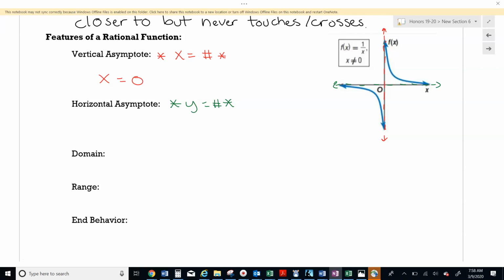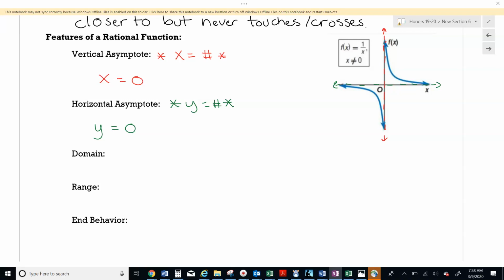If you tell me just the number and not the x equals or y equals, that's incorrect. Okay, it's a line, so it has to be the equation of a line, so it has to have an equals. So this is y equals 0. Okay, so this is what we would call our parent function for this.